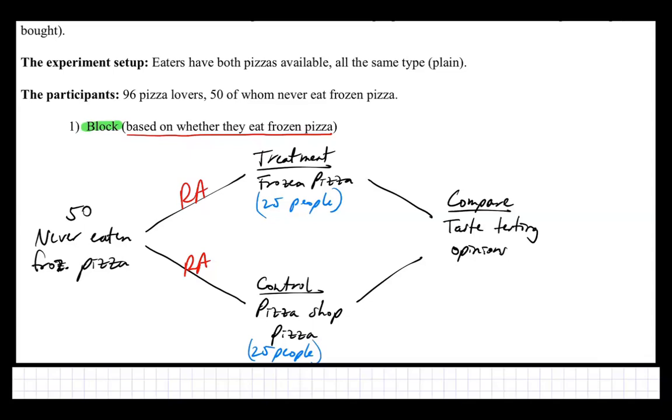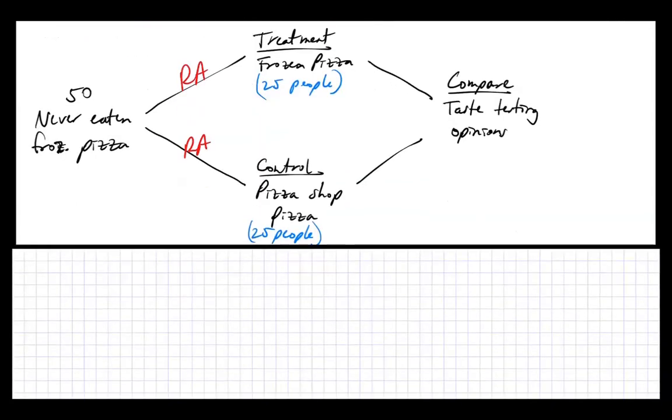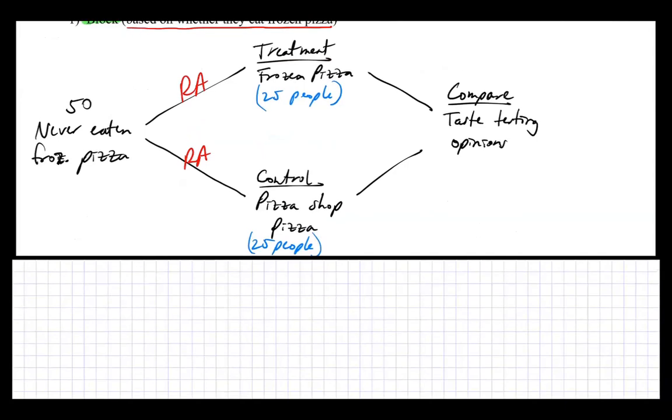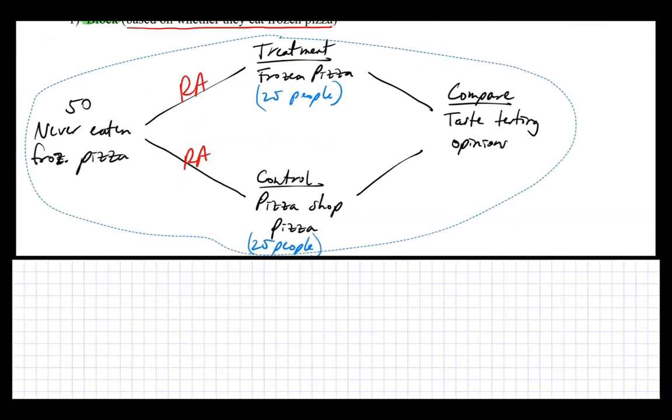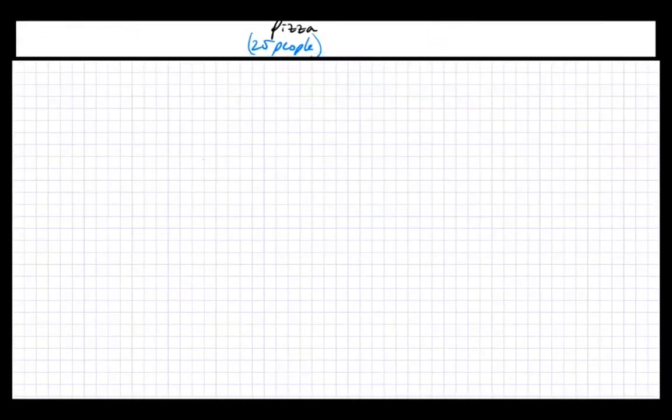So we went through the whole process of the outline, right? So the next outline is going to be virtually the same, just with different people, because it's been blocked for if you've had frozen pizza, right?